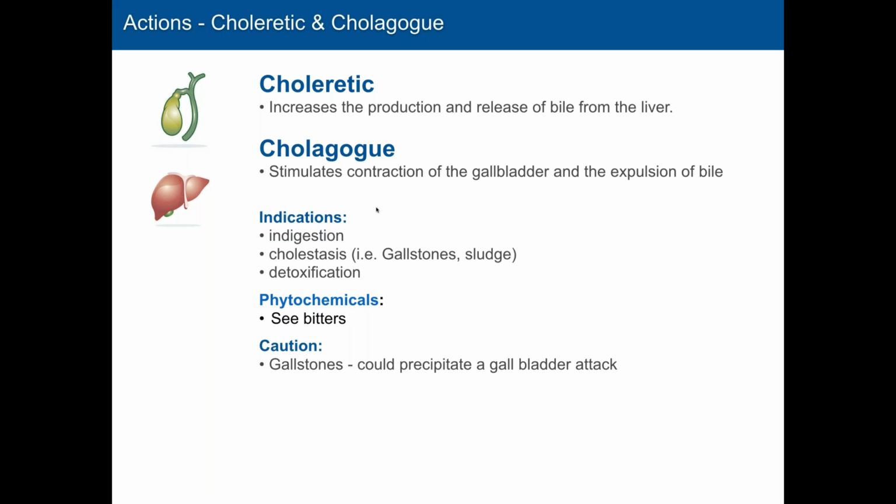Again, not unlike the bitters that can cause both heartburn, bitters and cholagogues can also cause gallstone problems, but often cholagogues and bitters are used to treat heartburn and gallstones as well. So it's like, use it to treat it, but use it with caution, because there are a few situations where it could make it worse.